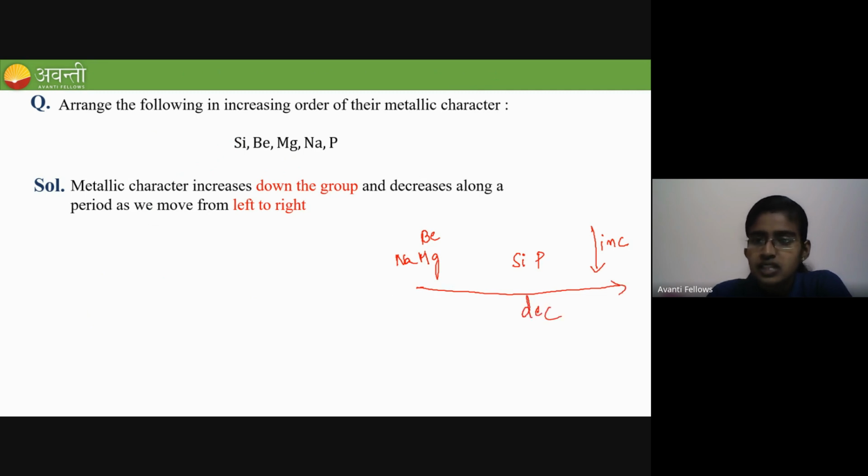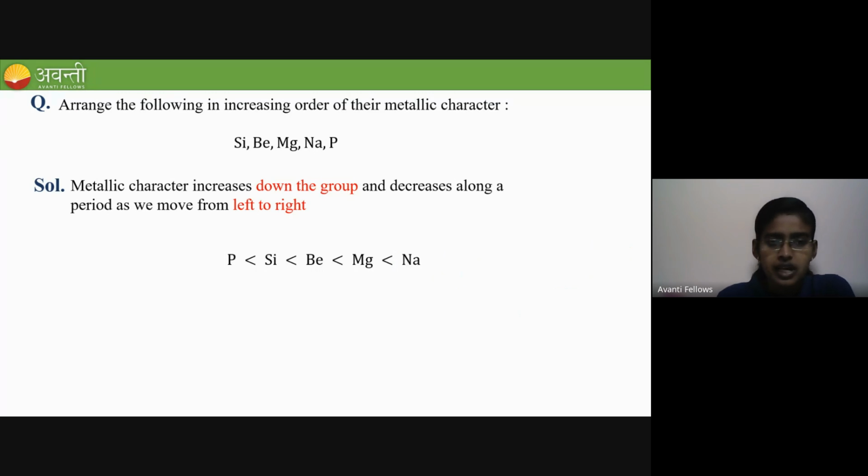So who has the highest metallic nature? Sodium is more metallic compared to magnesium, silicon and phosphorus, right? So obviously, first comes sodium, then magnesium, then beryllium, then silicon and phosphorus. So this is the correct order, the increasing order of metallic character.